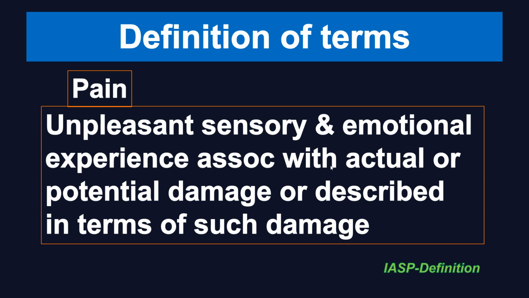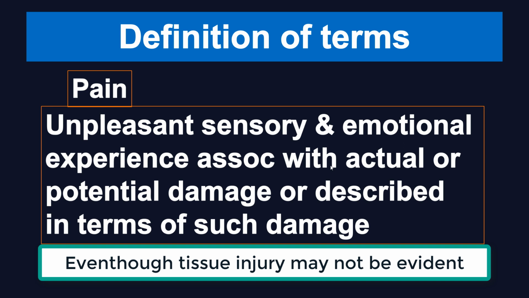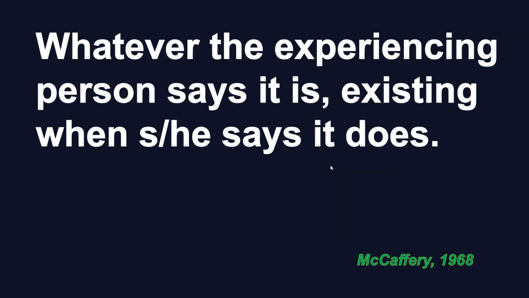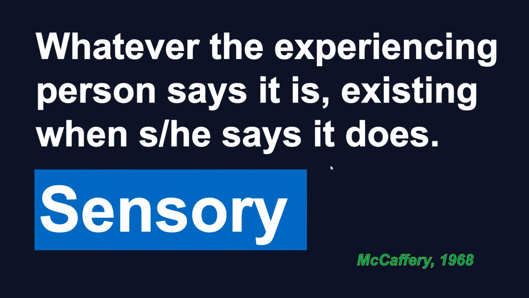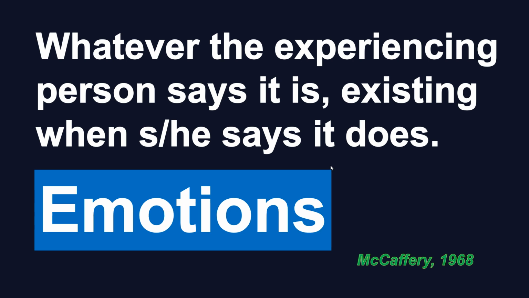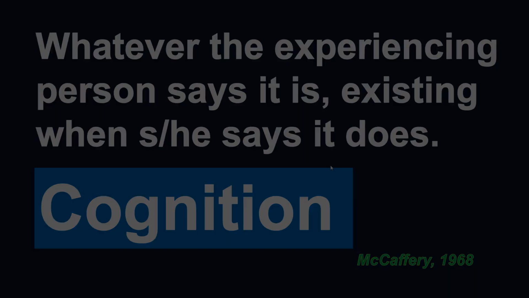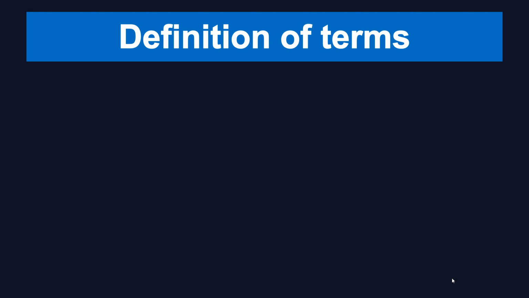It is therefore important that you believe anyone that says they have pain. Just to reiterate this further, pain is whatever the experiencing person says it is, and existing when he or she says it does. You must always acknowledge that pain is only a sensory information that is modified by both our emotions and cognition. Now that you have an idea what pain is, let's quickly run through some pain terminologies.